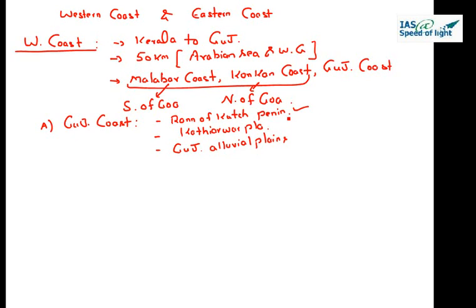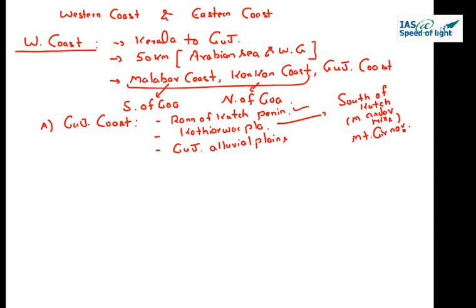The Gir range has dense forest and is famous for the Gir lion. So the Kathiawar Plateau is south of Kutch, with the Mandav Hills, and Mount Girnar is the highest peak.